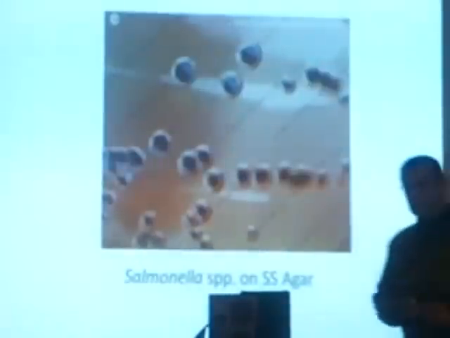Now, Salmonella is different. Salmonella does not ferment lactose. Therefore, the colonies are colorless. But because it is an H2S producer, you can see the dots in the center clearly. It means that it is an H2S producer.